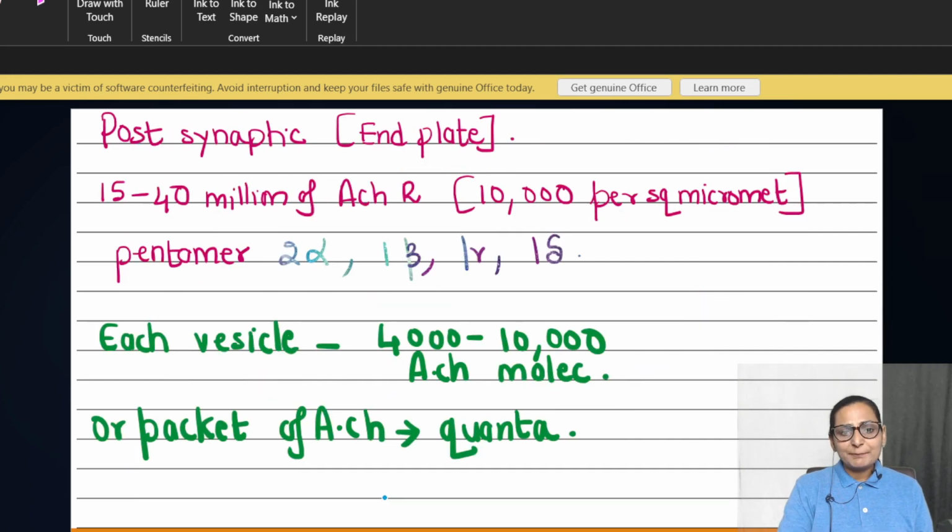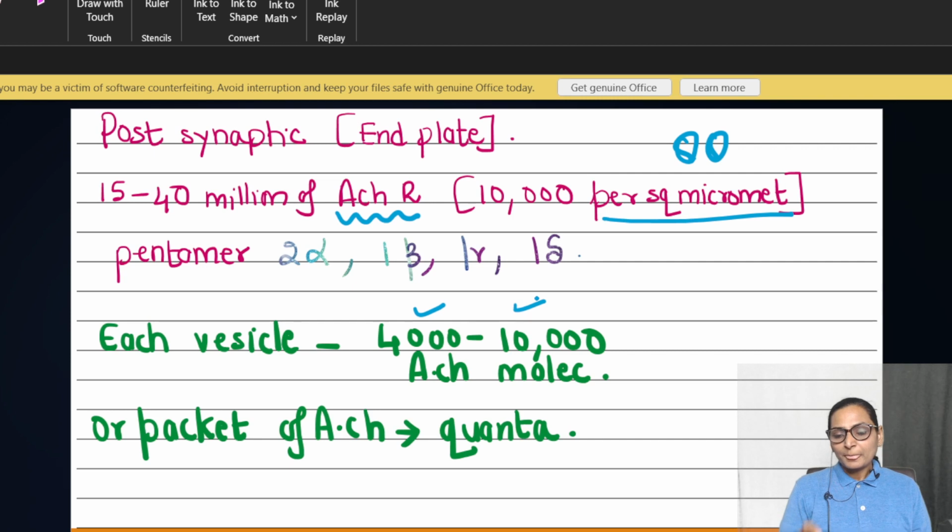Now the postsynaptic membrane, I told you, has acetylcholine receptors, which are ligand gated nicotinic cholinergic receptors. There are about 15 to 40 million acetylcholine receptors, that means about 10,000 acetylcholine receptors per square micrometer, wherein each vesicle contains 4,000 to 10,000 acetylcholine molecules.